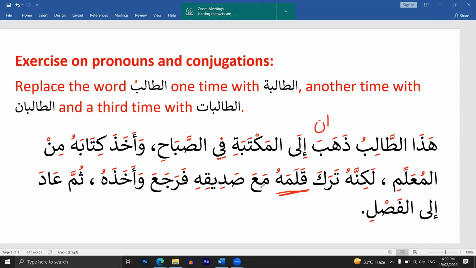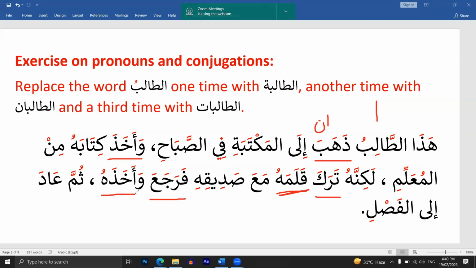You did it all correctly. Even the reading is perfect, but you have only one mistake in conjugation, which is ذهبان. The conjugation of third person dual in the past is only an ألف: ذهبا, وأخذا, تركا, رجعا.